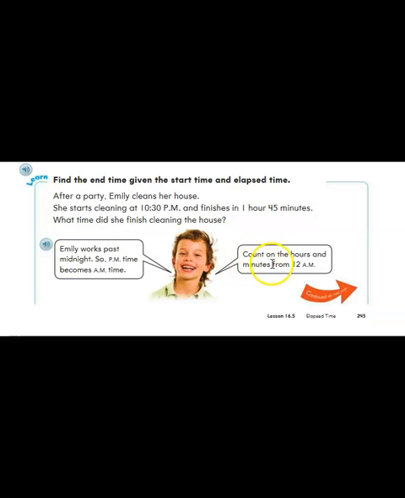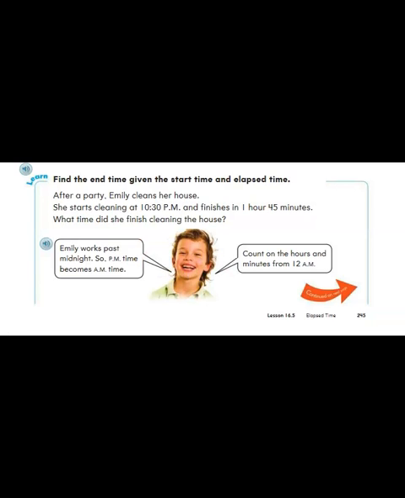And he's also telling us count on the hours and minutes from 12 a.m. So this time we know what time she starts cleaning, and we know that she cleans for 1 hour and 45 minutes. So this time we already know how much time has passed, and we're trying to figure out what time she actually finished.